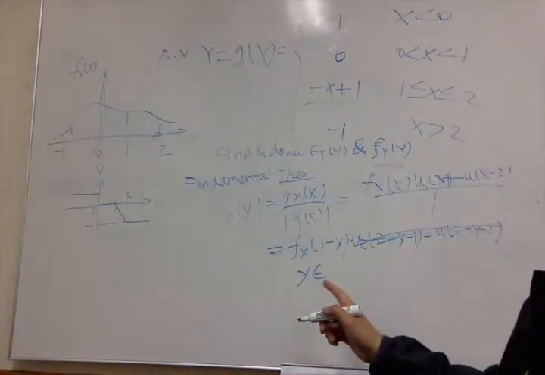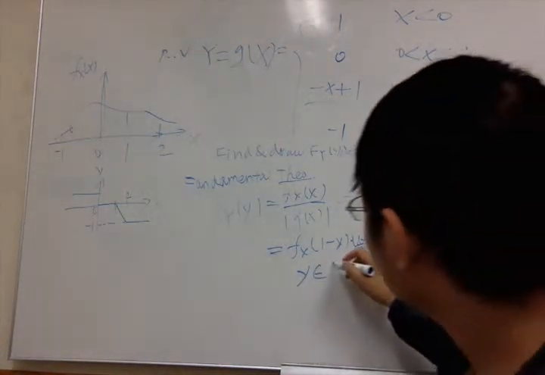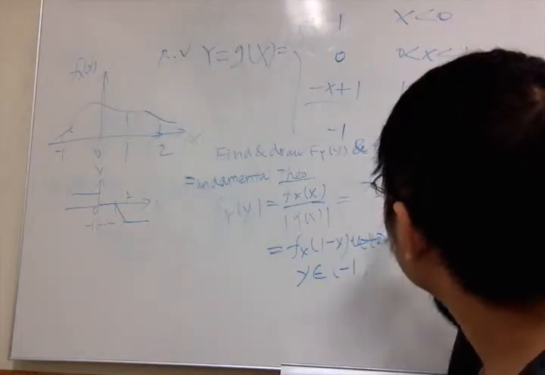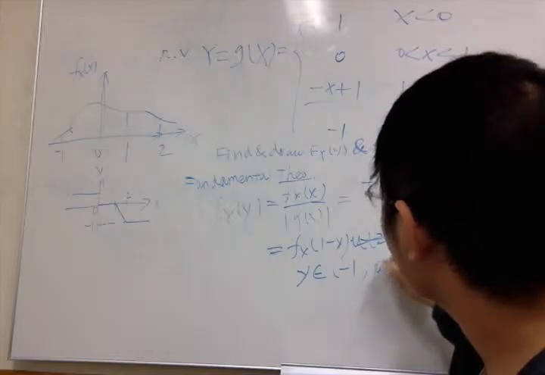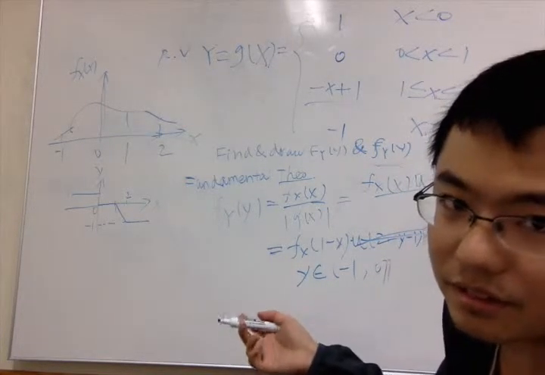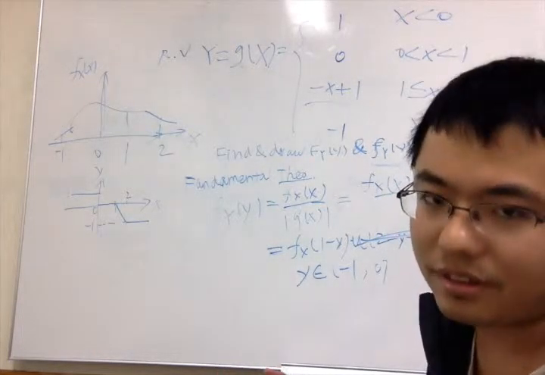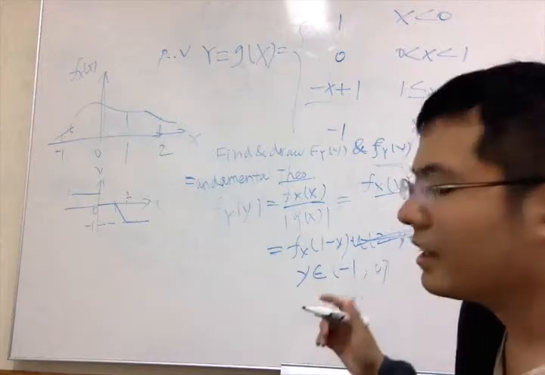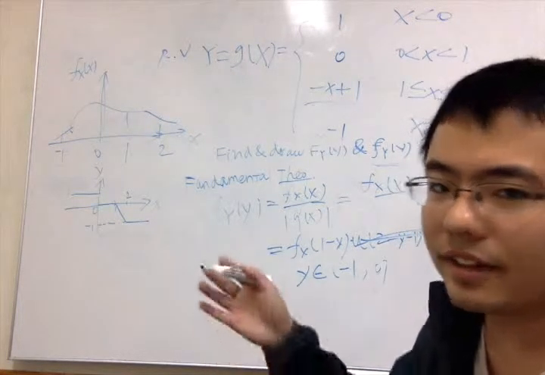It's actually between -1 and 0. So when y is between -1 and 0, we could write the density function via the fundamental theorem. It's like f_X(1 minus y).